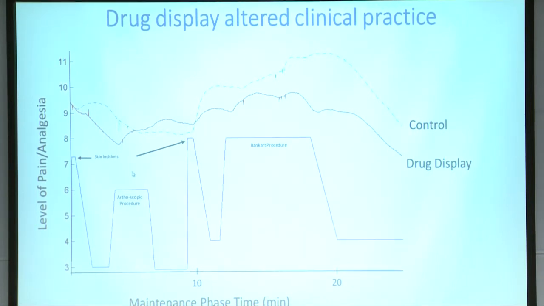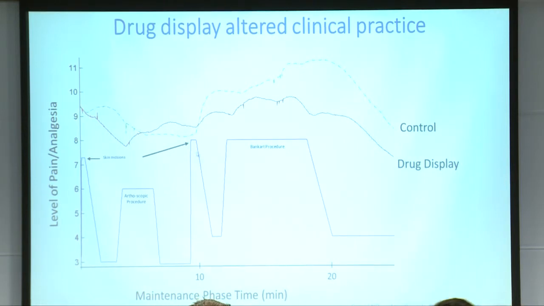Noah Syroid did a study in the simulator where he simulated an arthroscopic procedure in the shoulder, which produced levels of pain that were quite intense during insertion of the scope, and then the surgeon decided he needed to open the shoulder and do a more invasive Bankart procedure. There is the skin incision with even more intense pain, and then through the procedure, the pain level was up high and then dropped down at the end.